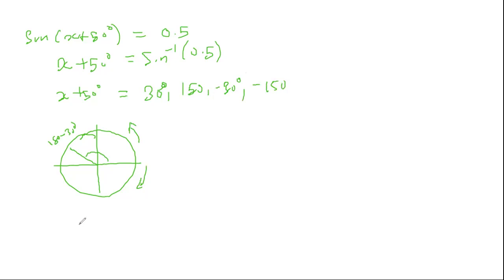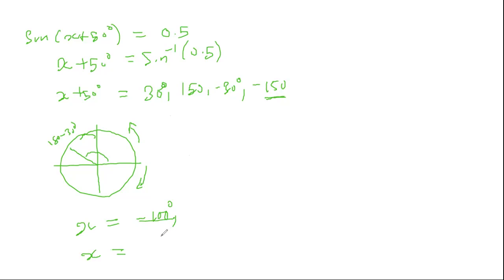So then we add the 50 on both sides. Negative 150 minus 50 gives us negative 200 degrees, which is outside the range.